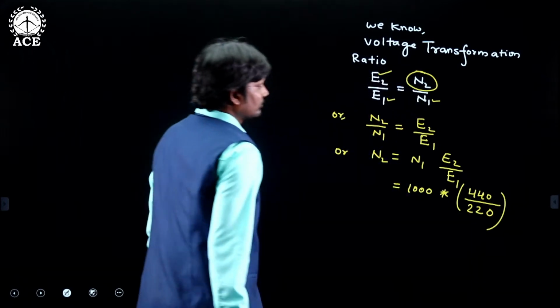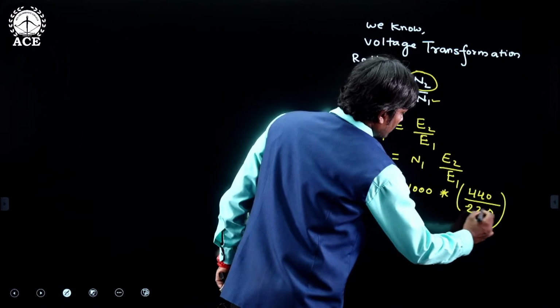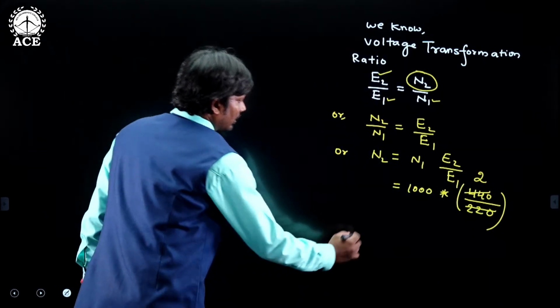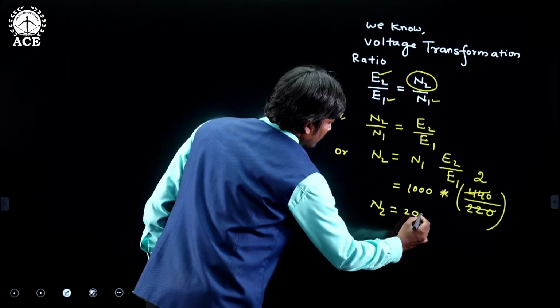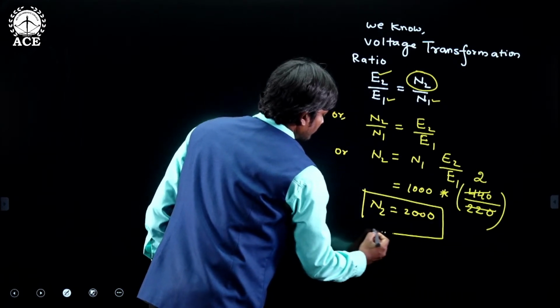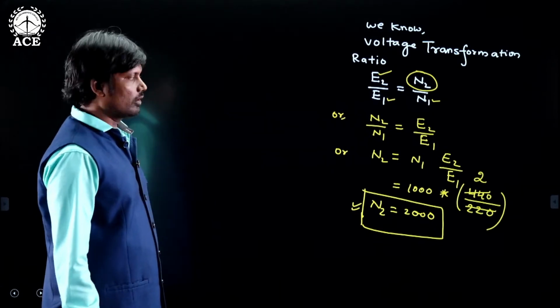Now N2 is equal to 2000 number of turns. N2 is 2000 number of turns. Please note down this one.